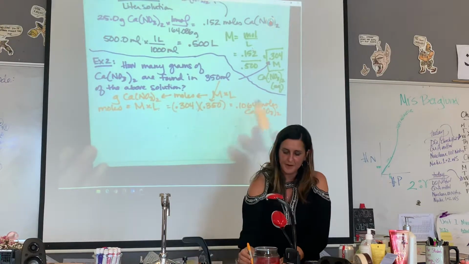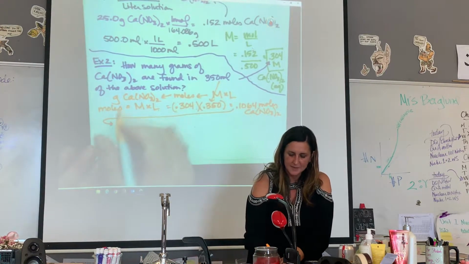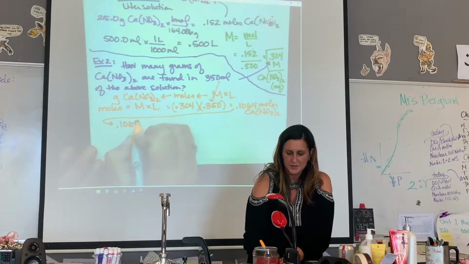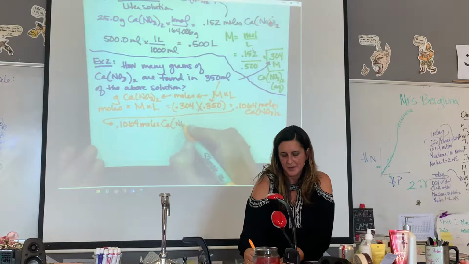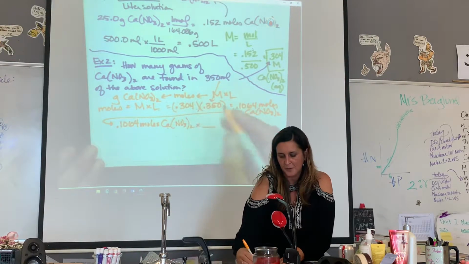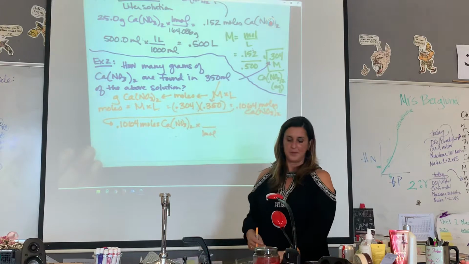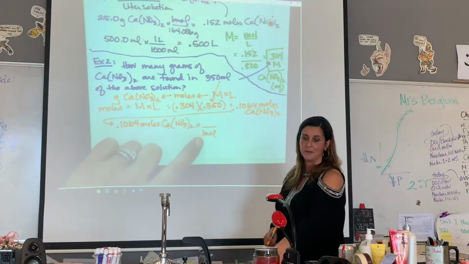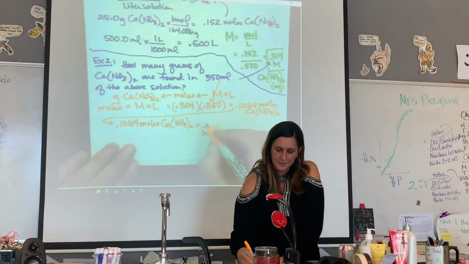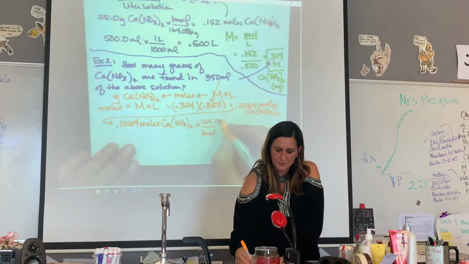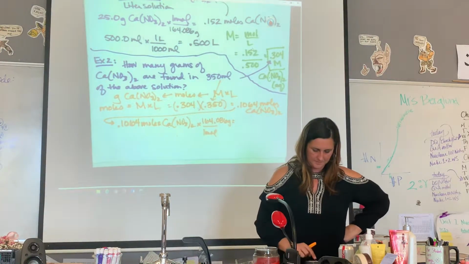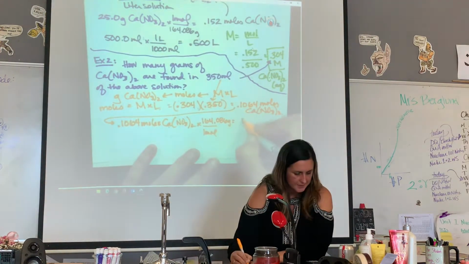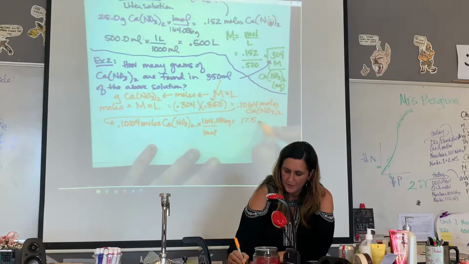Pretty easy from there. We bring this down: 0.1064 moles of the calcium nitrate, and we're going to convert to grams. So the mole goes on the bottom and the molar mass on top. I'm going to reuse my molar mass from above, 164.086 grams per mole, and I will get 17.5 grams of calcium nitrate.